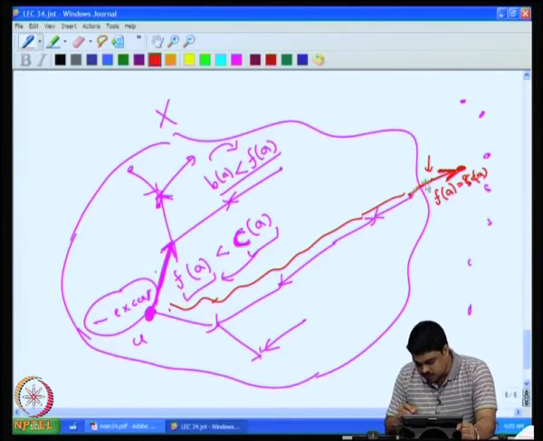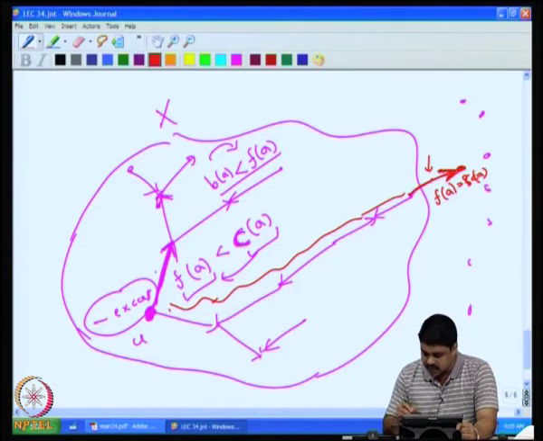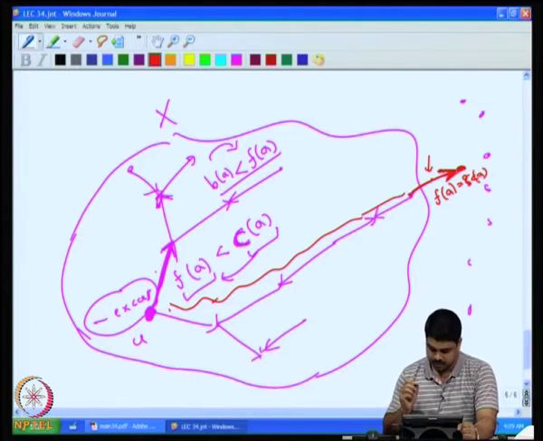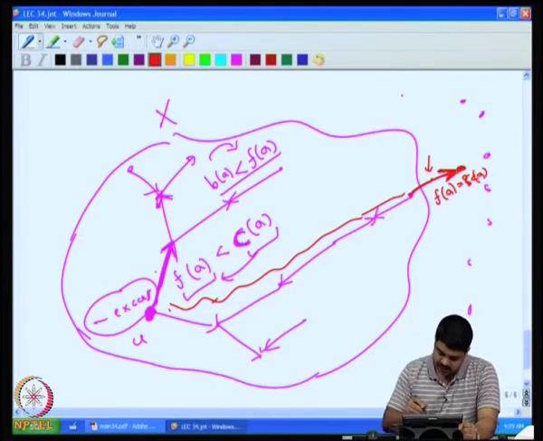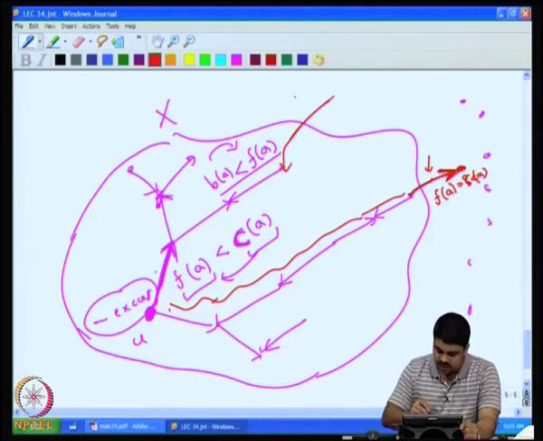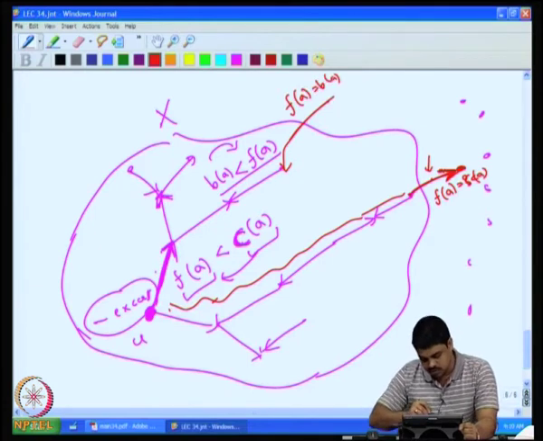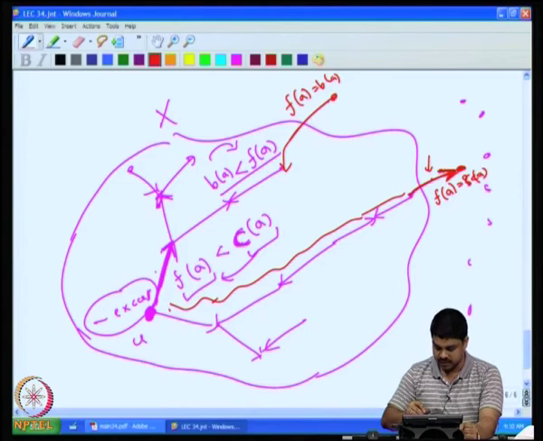So if it is an arc going out of x, it is clear that the current function value on this edge is equal to c of a. On the other hand, if we have an incoming arc from outside into x, then f of a has to be equal to b of a. That is why we cannot use this arc to go out and capture this vertex.